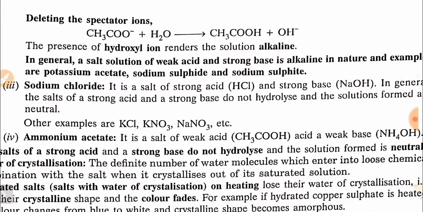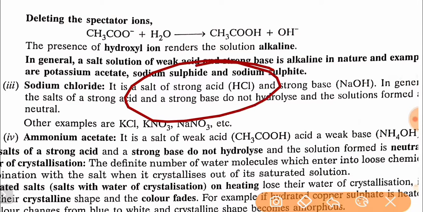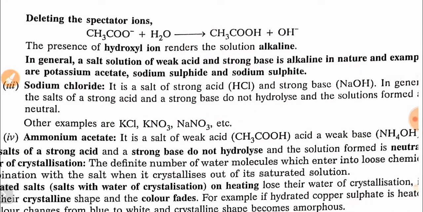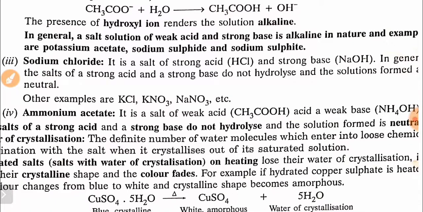Sodium chloride, next example, is a salt of a strong acid and a strong base. In general, the salt of a strong acid and a strong base does not hydrolyze and the solution formed is neutral. When both are strong, they neutralize each other. Other examples are KCl, KNO3, NaNO3, etc., that is potassium chloride, potassium nitrate, and sodium nitrate.